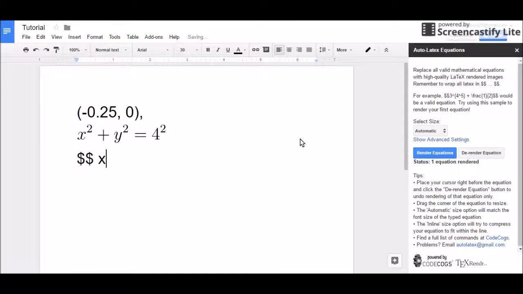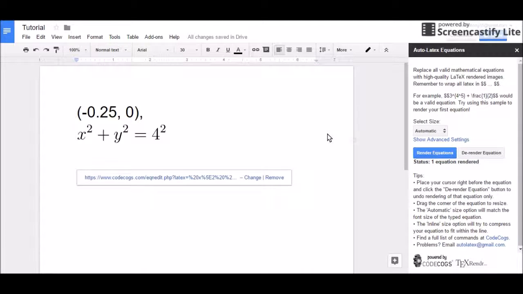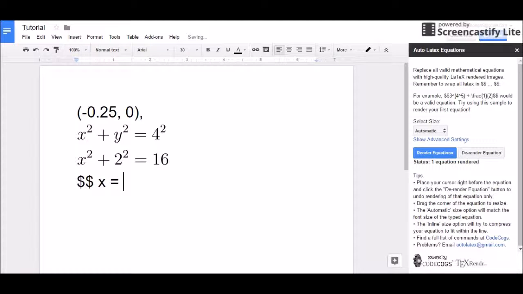Okay, so in that case, we have x squared plus 2 squared is equal to 16, which means that x has to be equal to the square root of 16 minus 4, which is the square root of 12.